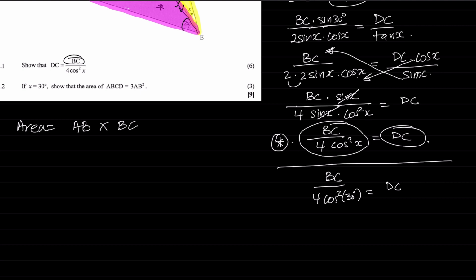Right? And then from here, what we can do is we can get BC divided by 4, and cos of 30 is square root 3 over 2. So square root 3 over 2 all squared equals DC. Let's simplify this a bit. That's going to be BC over 4 into 3 over 4. So that's going to cancel with that. And that's going to equal DC.